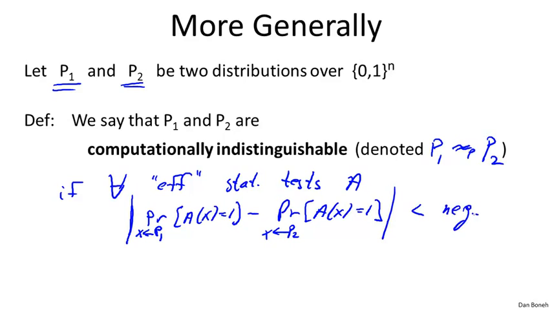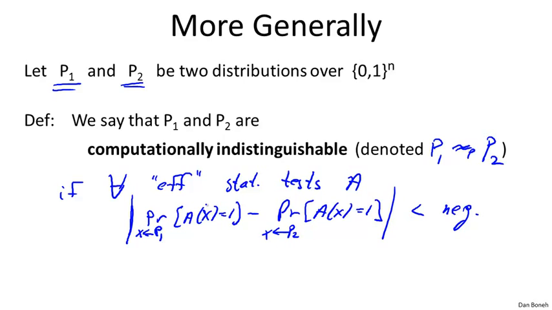This has to be true for all efficient statistical tests. If so, A's advantage in distinguishing the two distributions is negligible, and if that's true for all efficient statistical tests, then we say the two distributions are computationally indistinguishable, because an efficient algorithm cannot distinguish them.